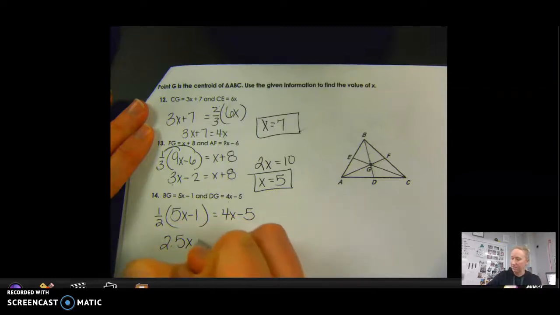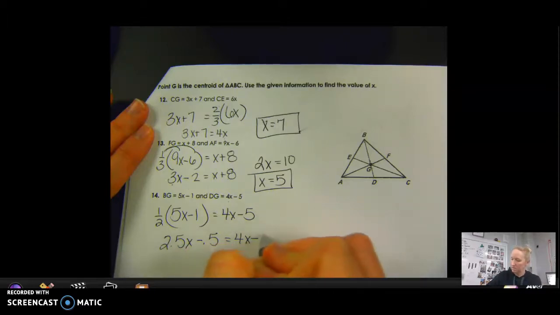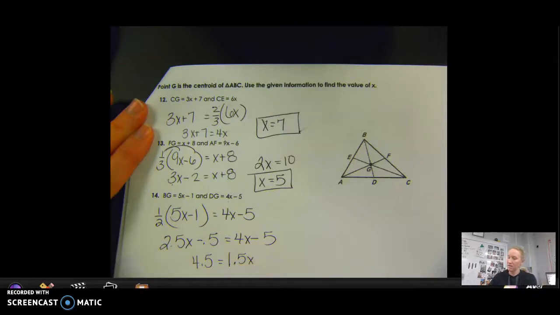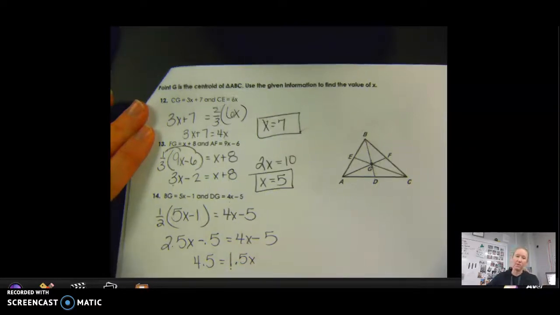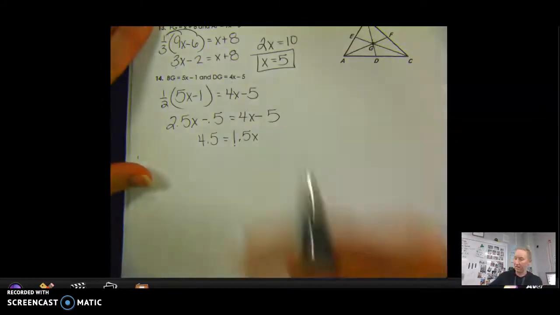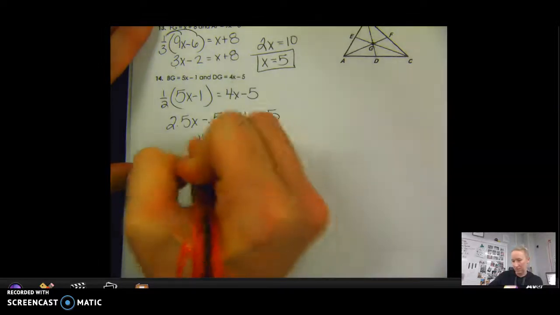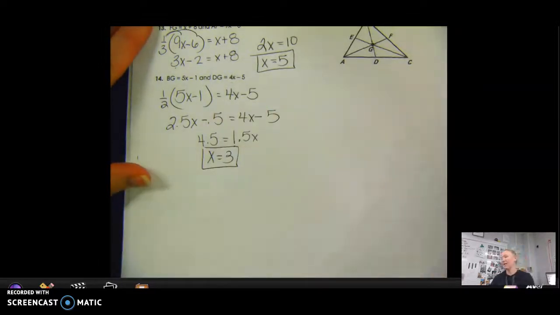And then half of -1 is -0.5. So I'm going to subtract 2.5x from that, so I get 1.5x. I'm going to add 5, that equals 4.5. And so I'm going to divide by 1.5, divide by 1.5, and 1.5 goes into 4.5 3 times, so x equals 3.